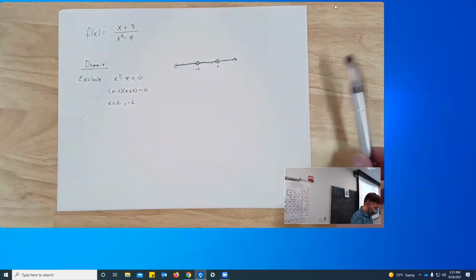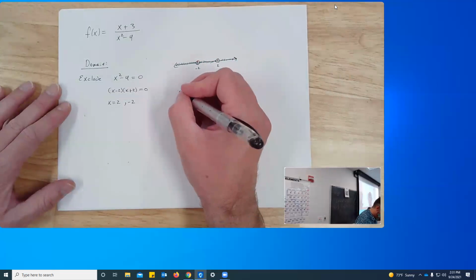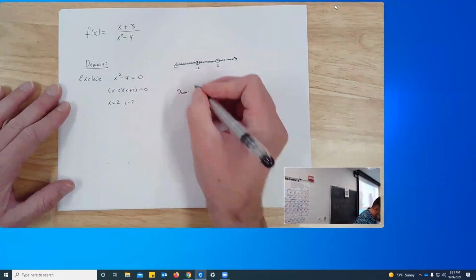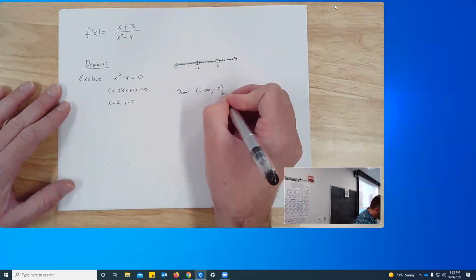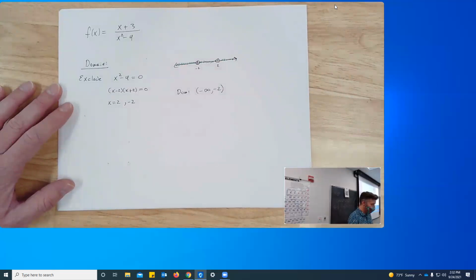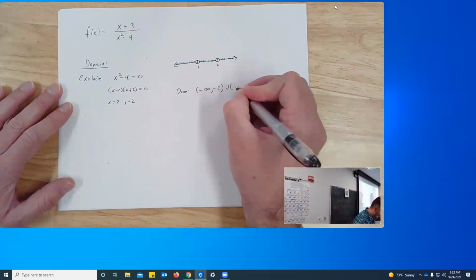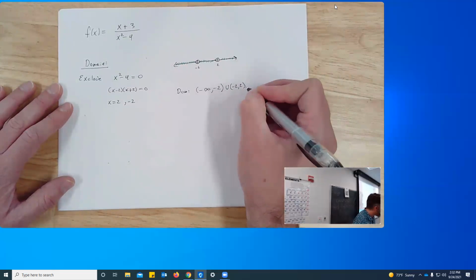So here our domain would be everything from -infinity to -2, excluding -2 with the parentheses, union -2 to 2, right?